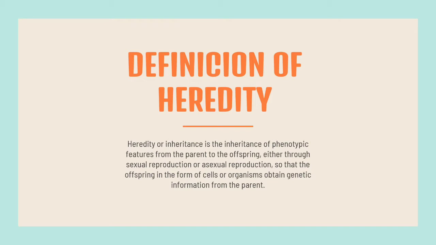Heredity, or inheritance, is the passing of phenotypic features from the parents to the offspring, either through sexual reproduction or asexual reproduction, so that the offspring, in the form of cells or organisms, obtain genetic information from the parents.